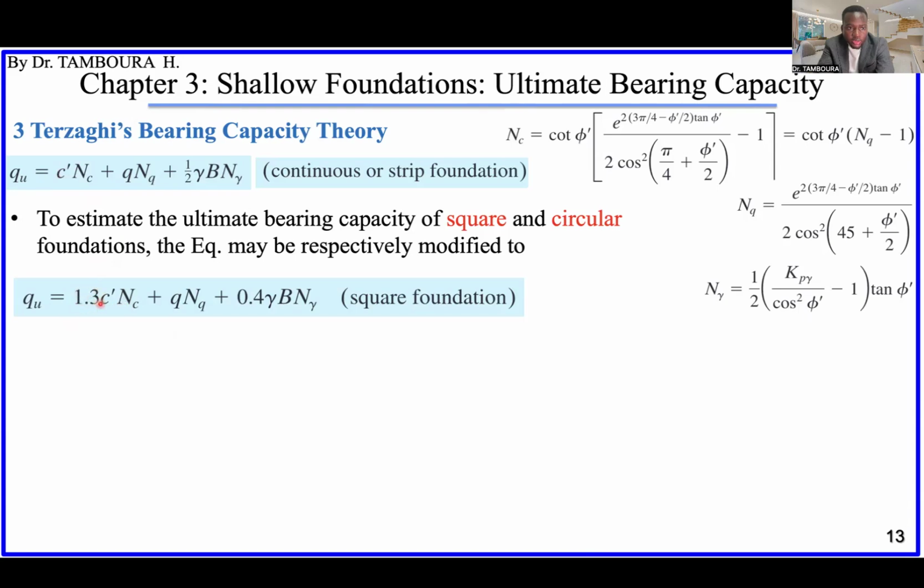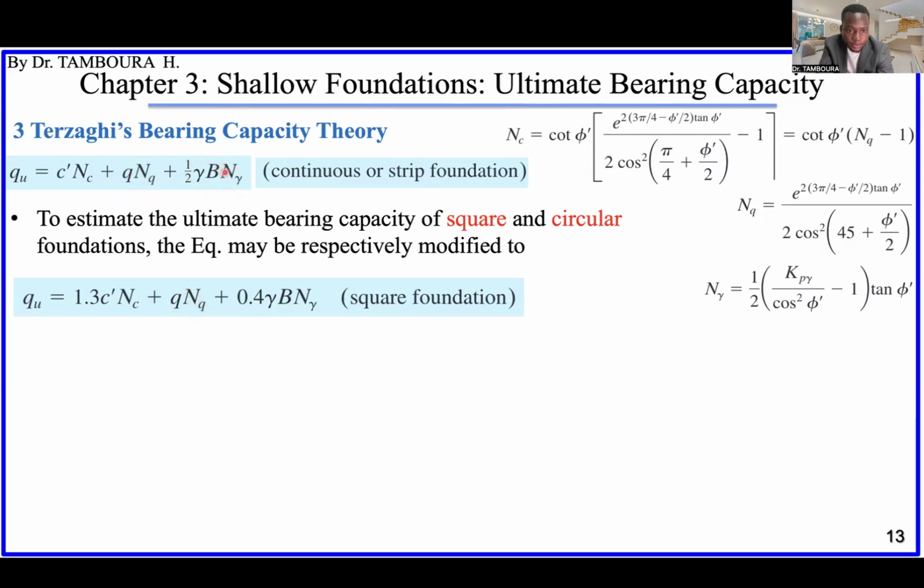It is 1.3 added. This is what we call the shape factor. This is strip footing, and this is for square footing, 1.3. NQ is the same. This middle part is the same as strip footing.